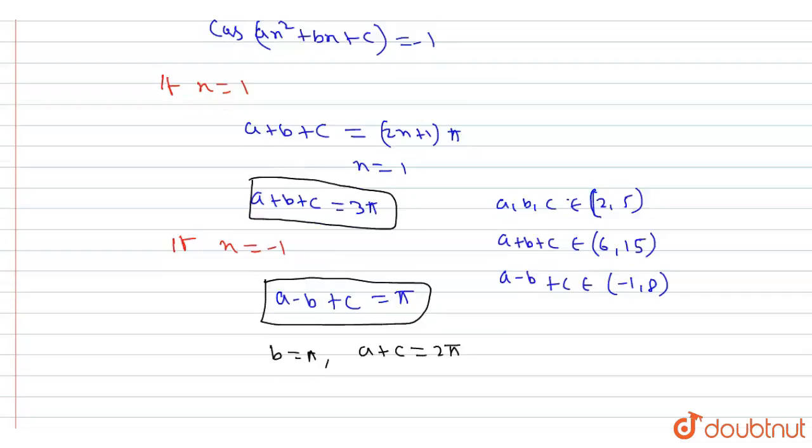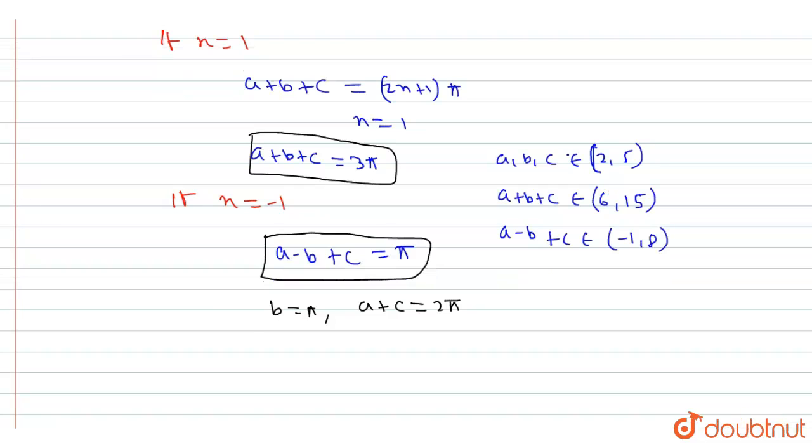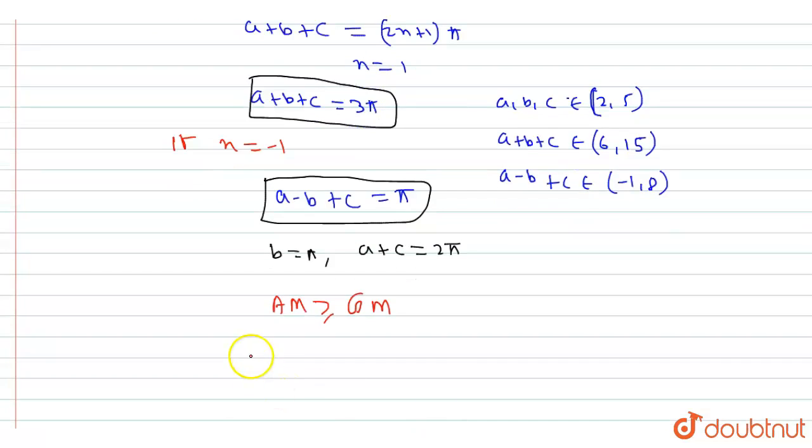And we also know that from arithmetic mean, AM is greater than or equal to GM, which means arithmetic mean is always greater than or equal to the geometric mean. Clear? Now on a and c, we can write (a + c)/2 greater than or equal to root under ac.